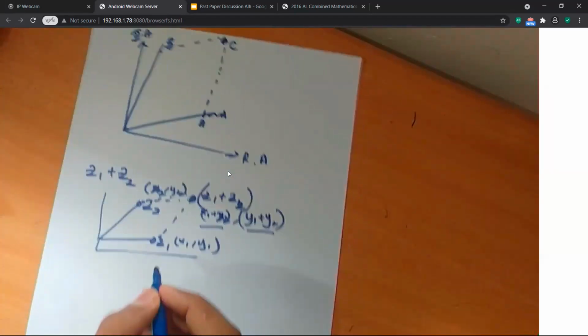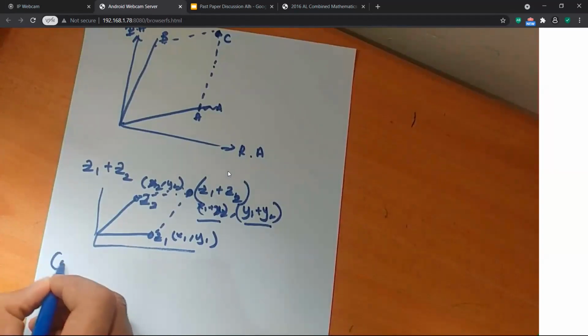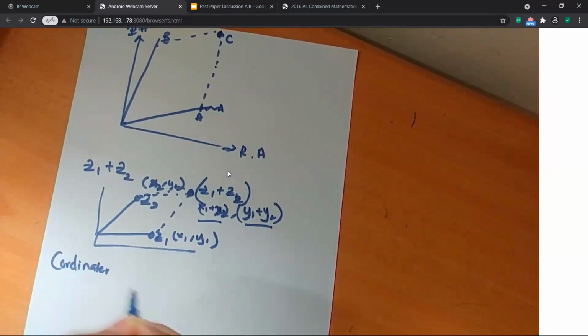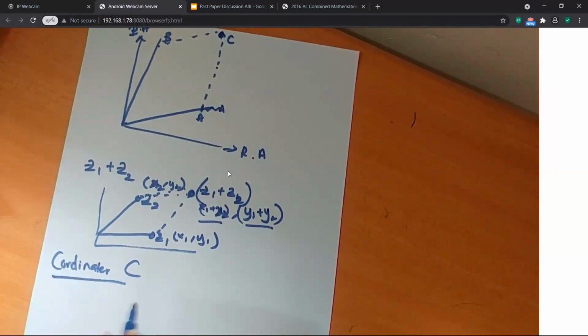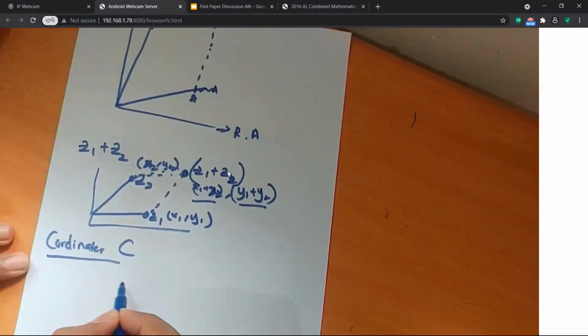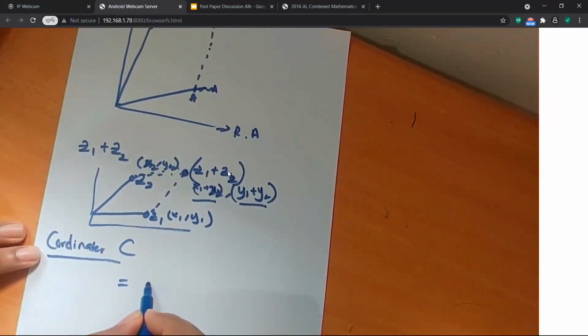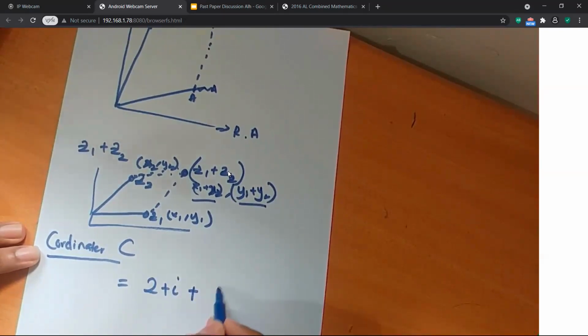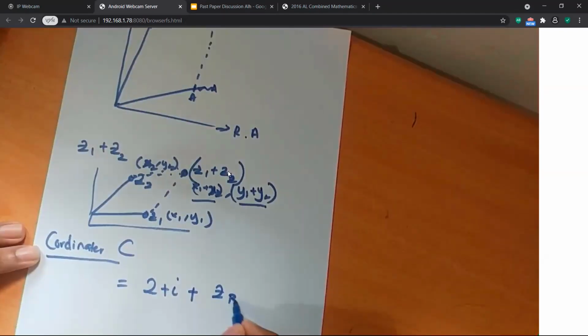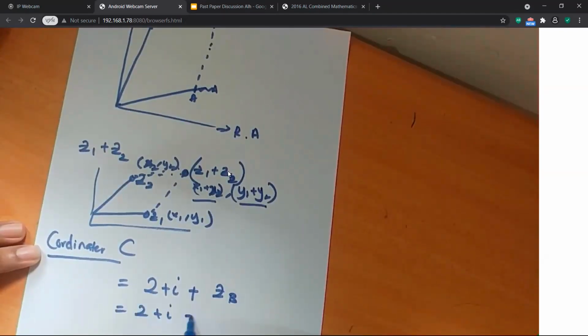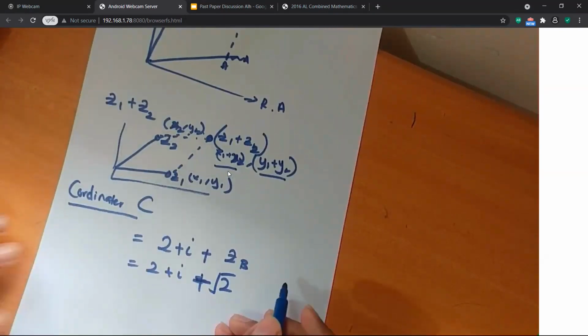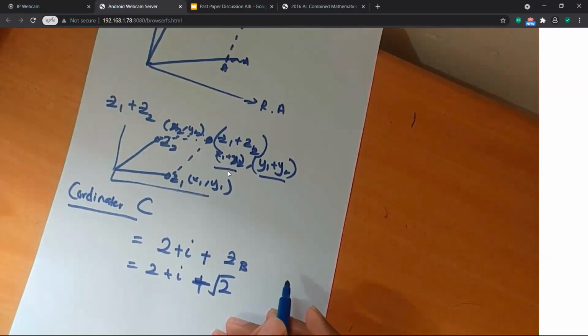So the coordinates of C is equal to the complex number at A, which is 2 plus i, plus what we just found, the value at B, which is root 2 times 1 plus 3i.